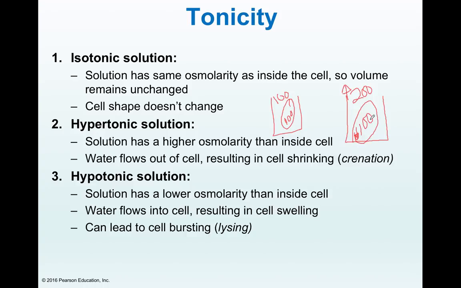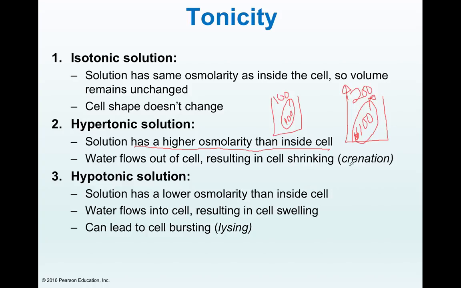So looking and comparing these two between each other, this is a larger number. So my solution compared to my cell is a hypertonic solution. Hypertonic solution has a higher osmolarity than inside the cell, 200 versus 100. So because I have a higher number of solute particles, water is going to move out of the cell.